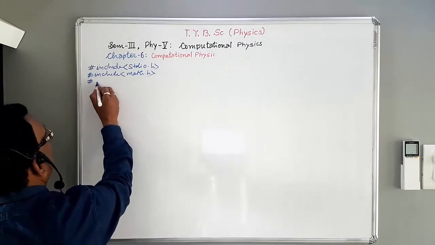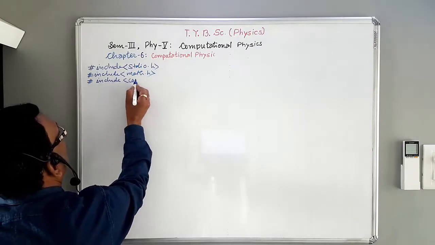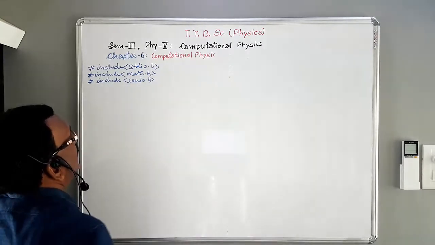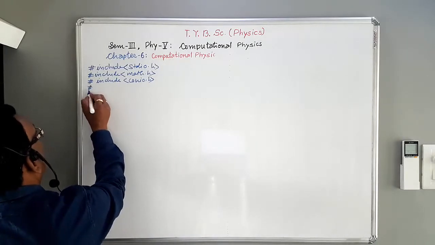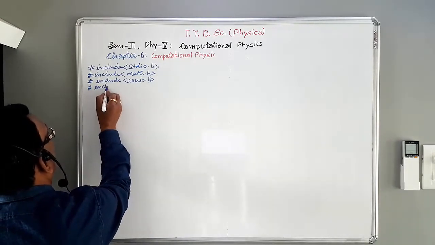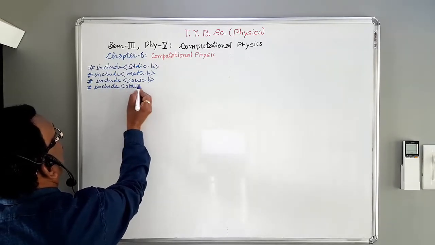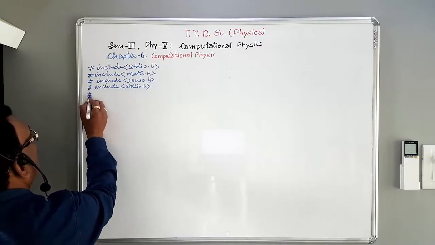Also we have to include the conio.h header file, and also the standard library file, which is also a header file.